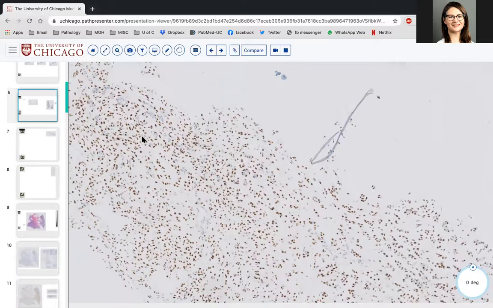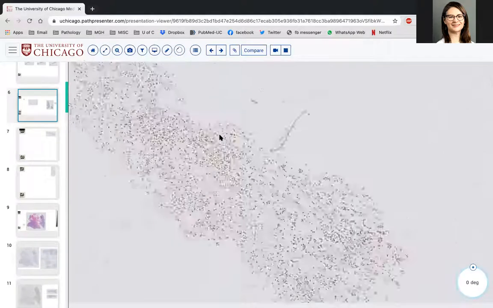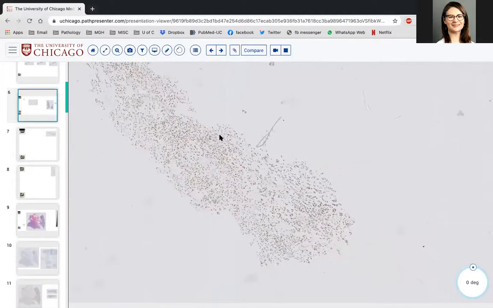EWSR is seen in what type of salivary gland neoplasm? Clear cell. Pardon? Something with clear cells. Oh, yeah, clear cell. Something with clear hyalinizing. There are two types of neoplasms that have EWSR gene rearrangement. Those are clear cell carcinoma, which used to be called hyalinizing clear cell carcinoma, and then clear cell variants of myoepithelial carcinoma, right?